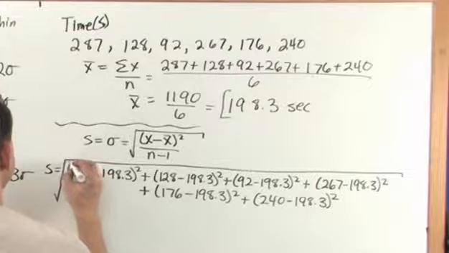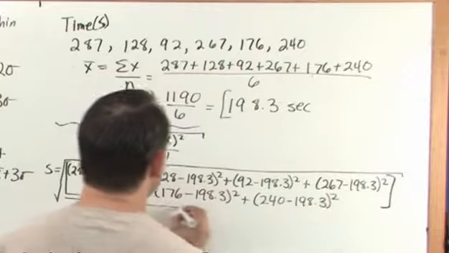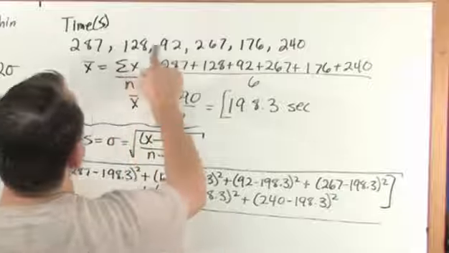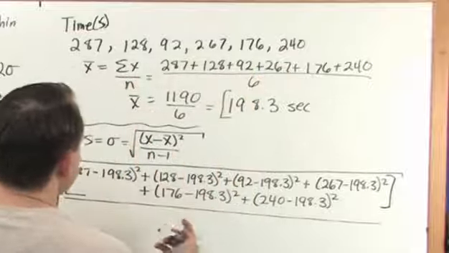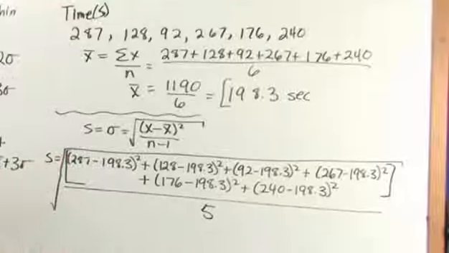All of this is in a bracket because I'm adding it together, and it's all under a giant square root. I'm dividing that by 6 minus 1, which gives me 5.